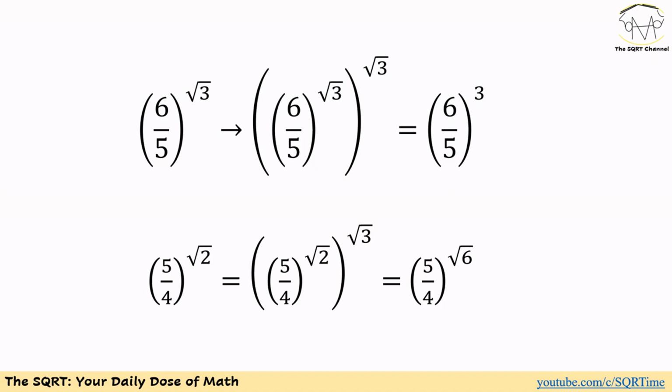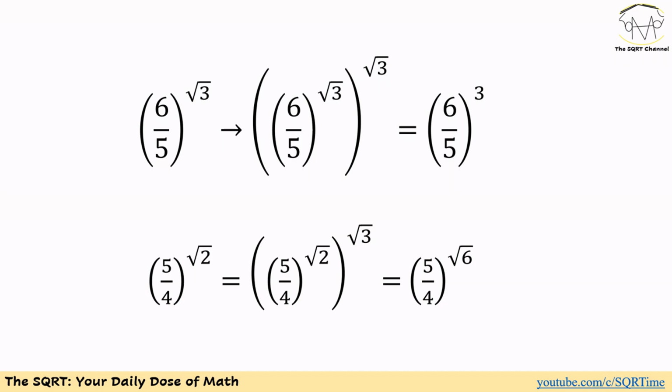For the first one, we will end up with (6/5) to the power of 3. On the other hand, for the second one, we will reach (5/4) to the power of √6. You might say, what's the point here? √6 is still a bad number. So let's see what we can do with this √6.